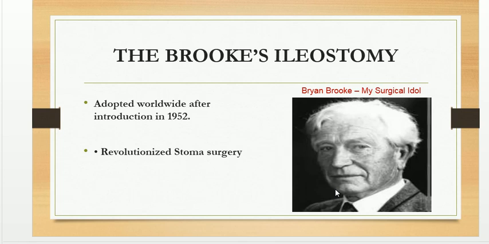The spout which we make for the ileostomy, raised about 2 to 3 centimeters above the skin on the abdominal wall, we call a Brooke ileostomy. The problems which occur with the ileostomy are lessened when we construct a Brooke ileostomy spout.